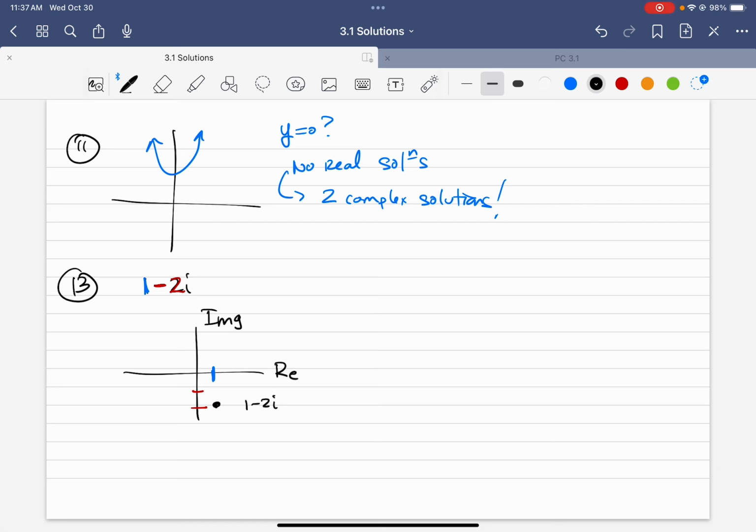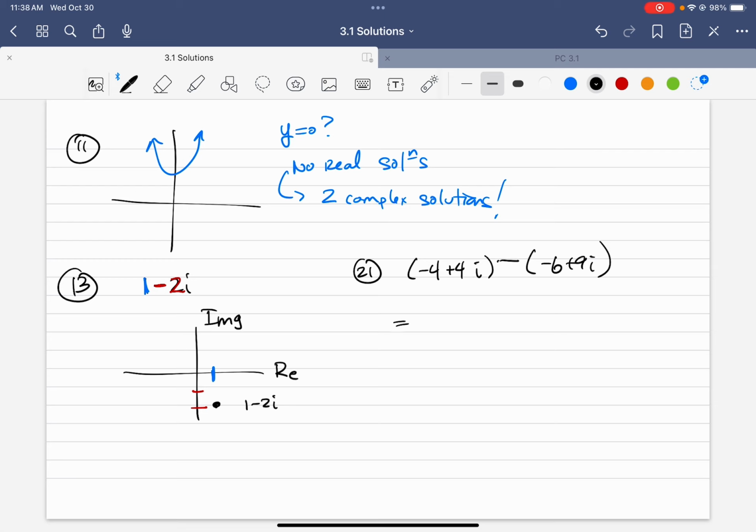Number 21. So for number 21, it wants us to subtract these two. So it's negative 4 plus 4i, minus negative 6 plus 9i. This minus this.